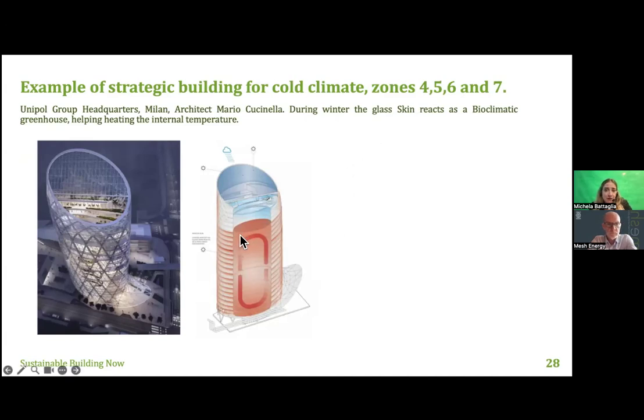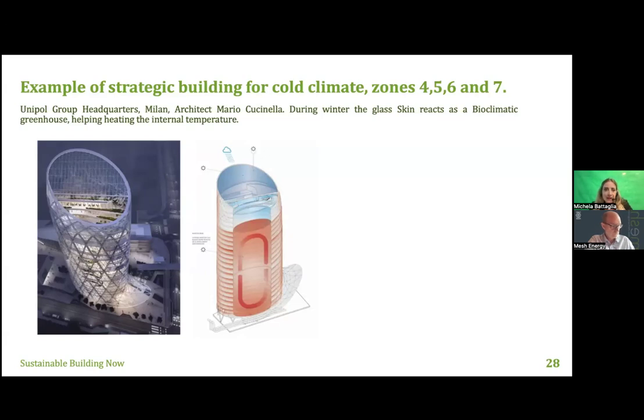During the winter, the double skin glass reacts as a bioclimatic greenhouse, helping to heat the internal temperature. Also in summer, they open some parts of this double skin glass so that the interior of the building will not be heated by the sun.